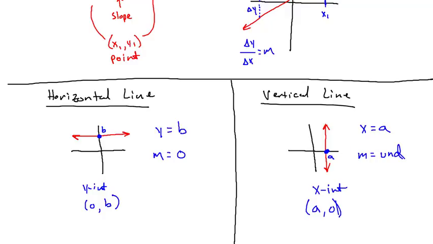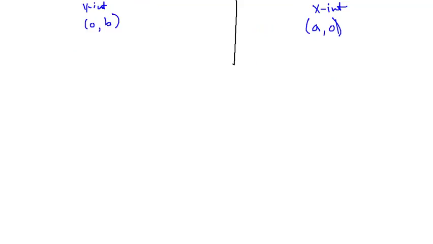Now we're going to do 2 examples of the types of problems that we're going to have to do, and that's going to be it. So, example 1. We're going to write it down.